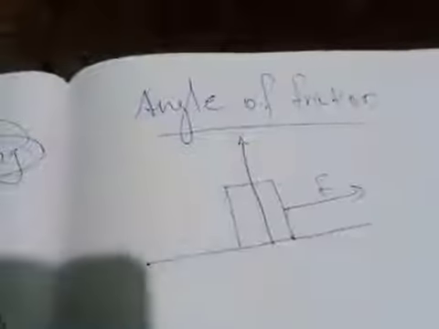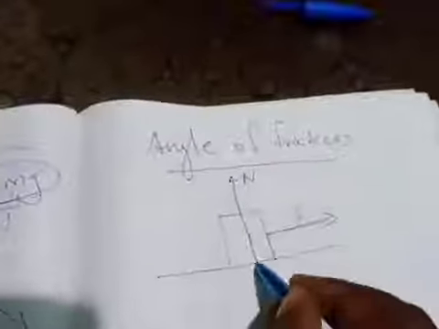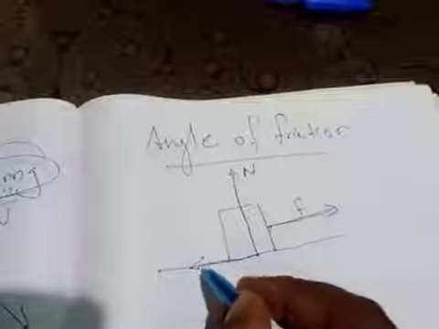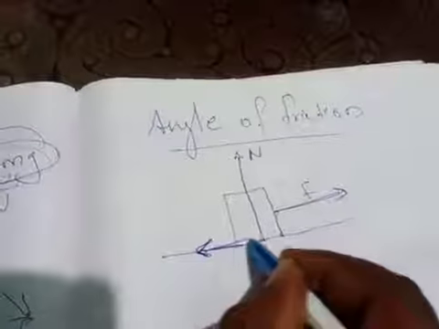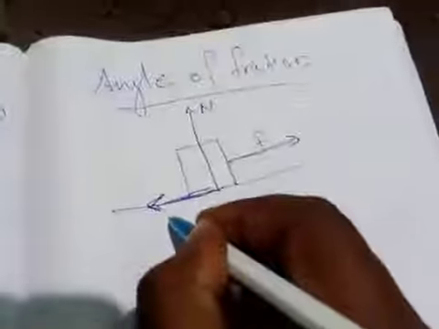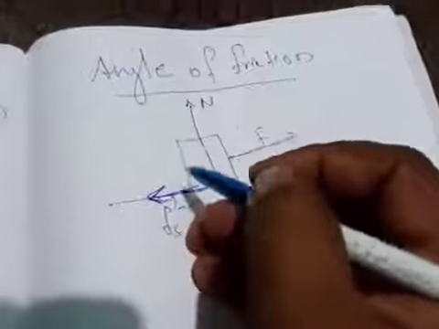You are applying a force in this direction, and the normal force is like this. When you apply the force in this direction, opposite friction will be there. This is the friction, Fs maximum, the maximum frictional force.